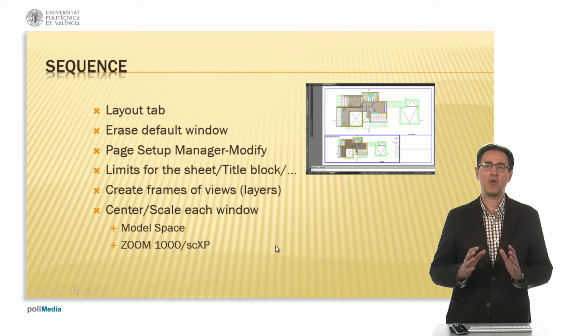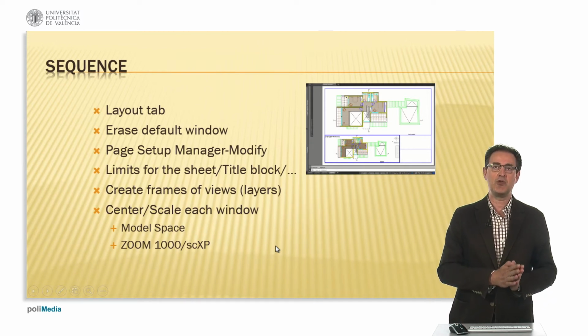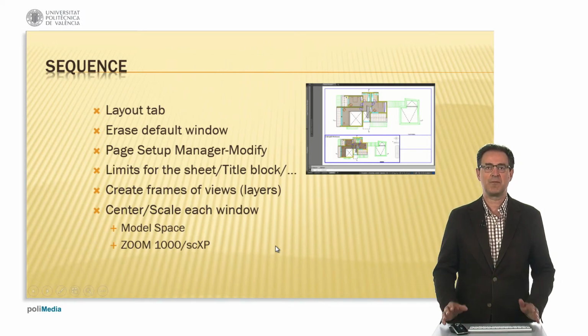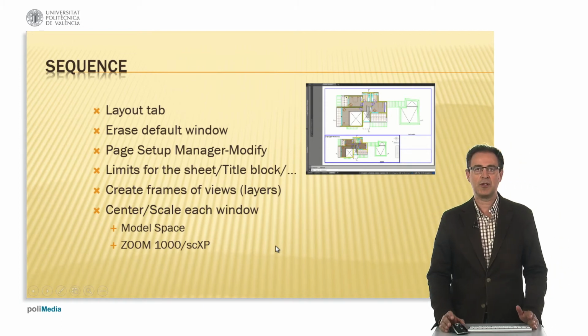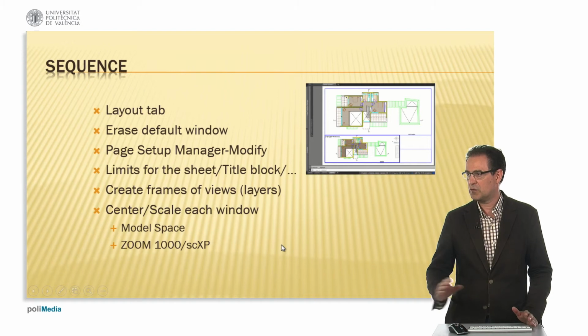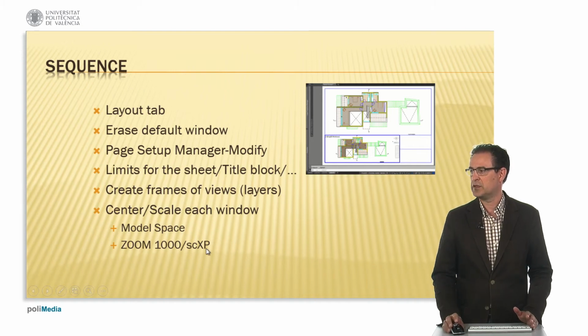If you have worked with millimeters as units in the paper space, you will type zoom 1000/the scale that you want, XP, without blank spaces, all without spaces. Okay?